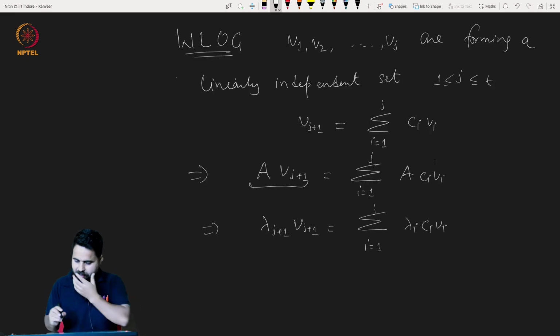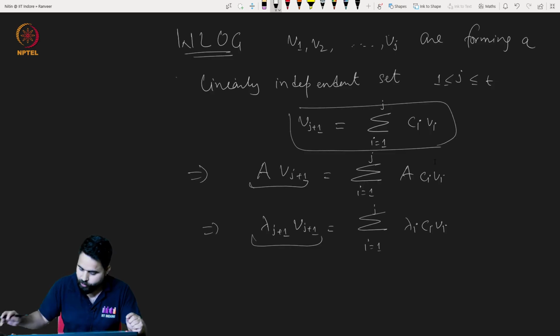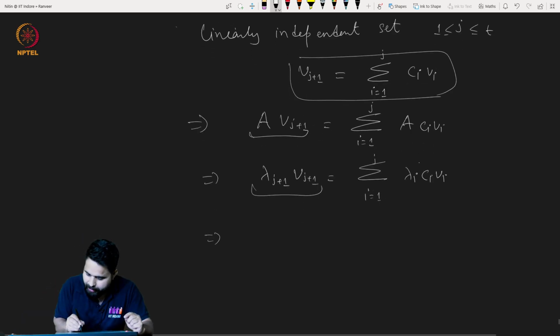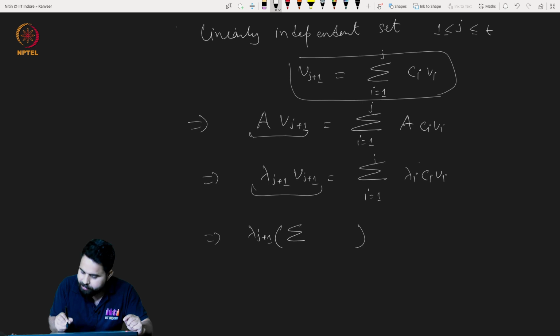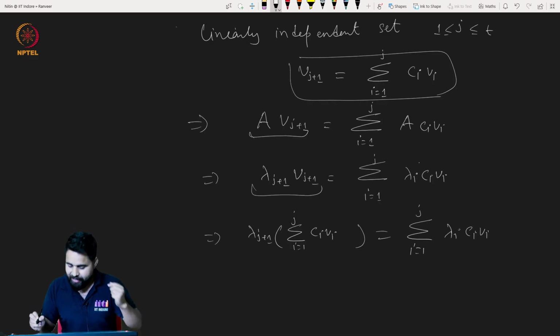Very simple. Now you see that this quantity you can actually write from here. So v_{j+1} is nothing but this, so lambda_{j+1} times the summation i equals 1 to j of c_i v_i is equal to the summation i equals 1 to j of lambda_i c_i v_i.